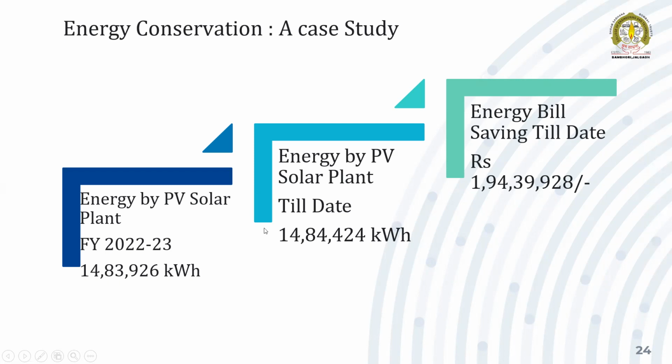These are the number of units. Almost by the end of this month, it will be 15 lakhs. And the energy bill saving in terms of rupees is 1 crore 94 lakhs.